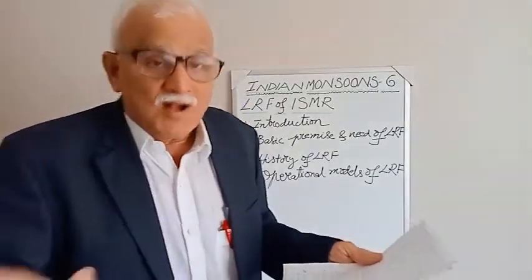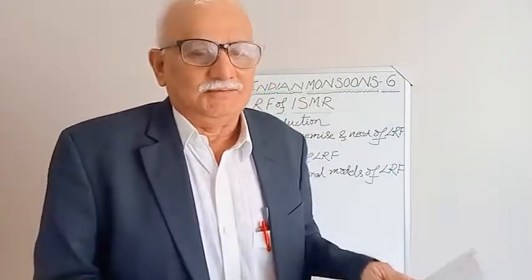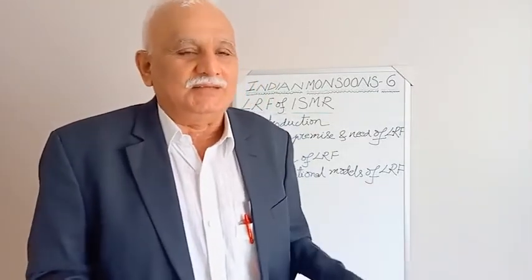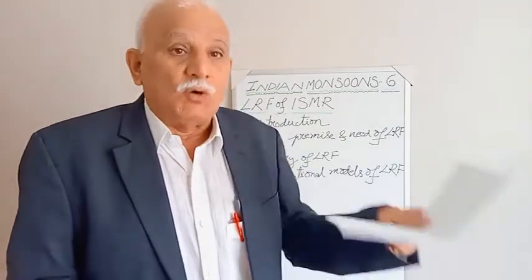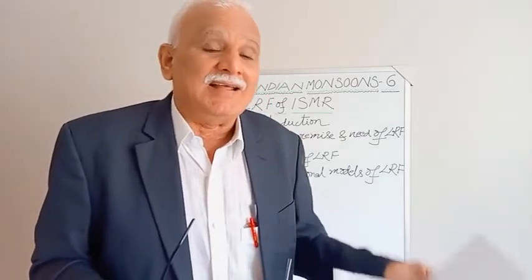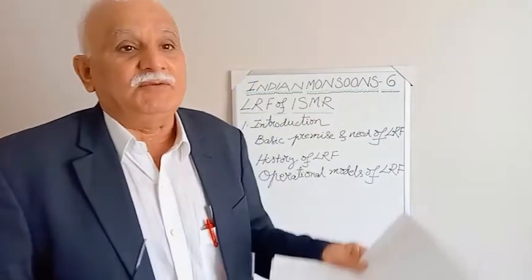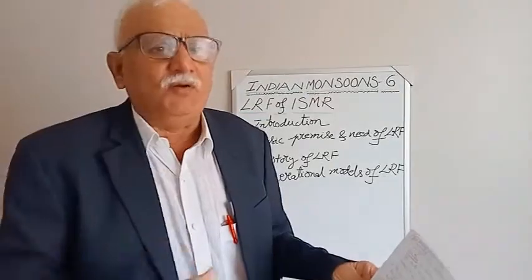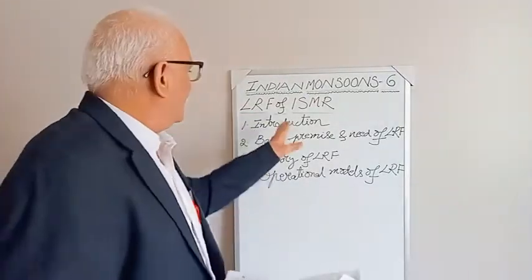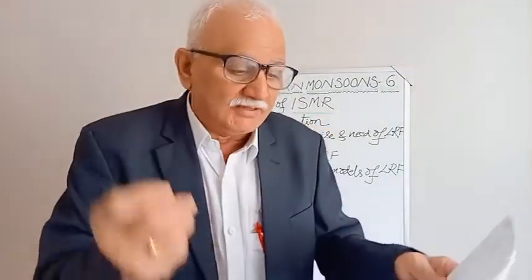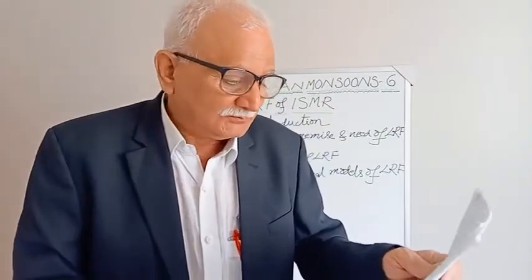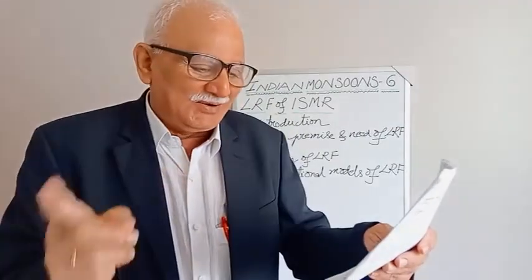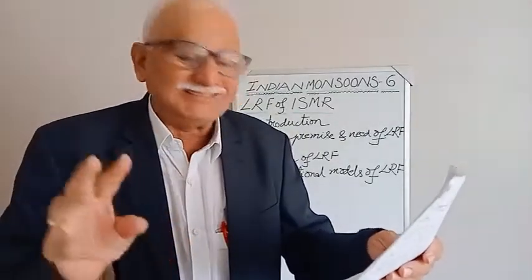Then Walker, of Walker circulation, a great personality I need not describe in one line or in a class. Between 1910 and 1923, he made wonderful contributions to the Indian summer monsoon. He took 3 more things for the first time: North Atlantic Oscillation, North Pacific Oscillation, and Southern Oscillation.